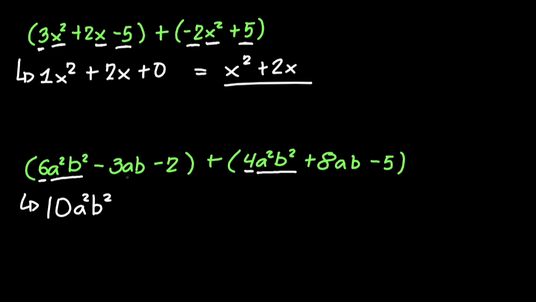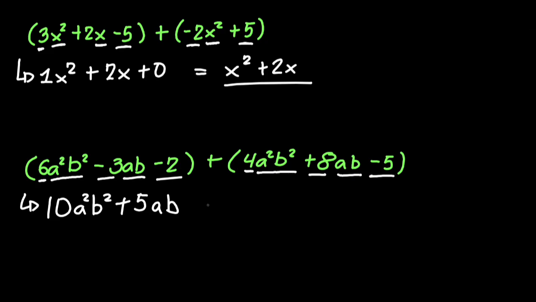Next up is this variable ab. There is ab here. So combine like terms, which is negative 3 plus 8. So negative 3 plus 8 is 5. So it will be 5ab. For this, it's the numbers or constants, which is negative 2 and negative 5.